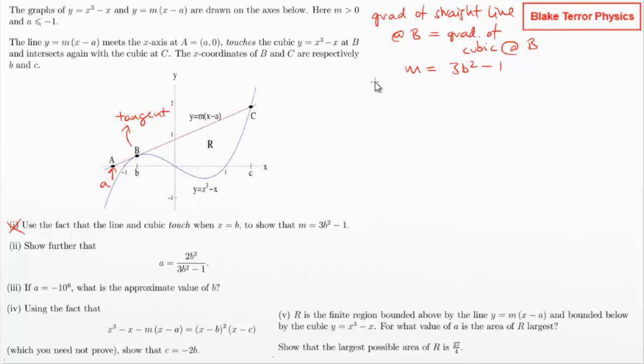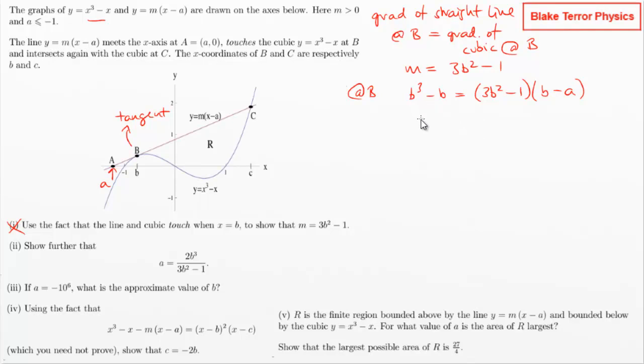So excellent. Right, so we can say at b, we've got that b cubed minus b, that's our y value for the cubic, is going to be equal to m, which is 3b squared minus 1, times b minus a. So we just have to make a the subject of that by the look of it.